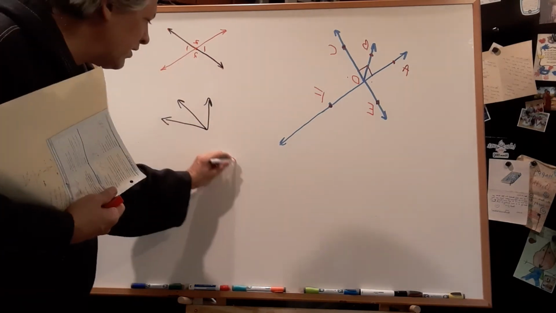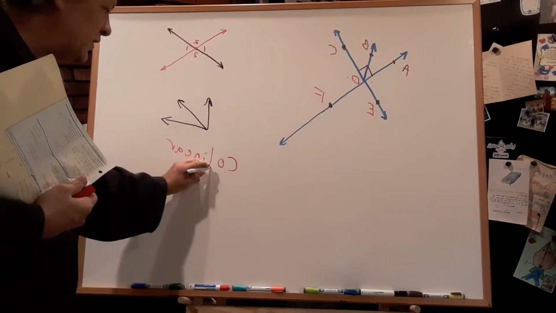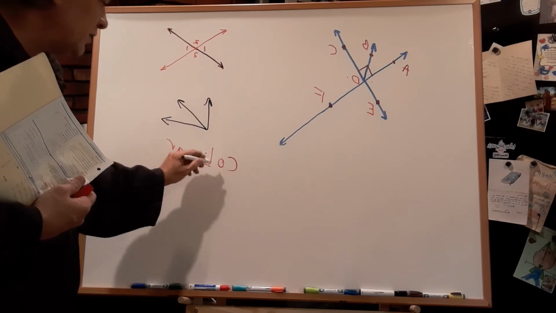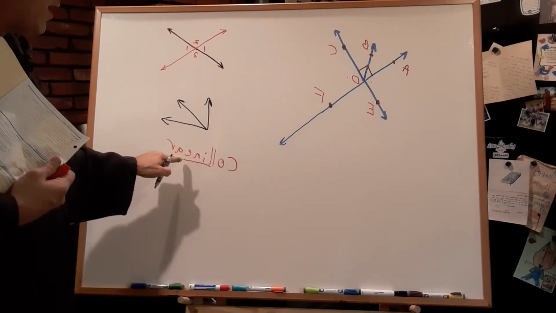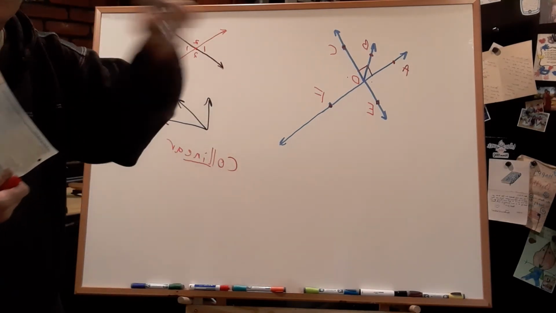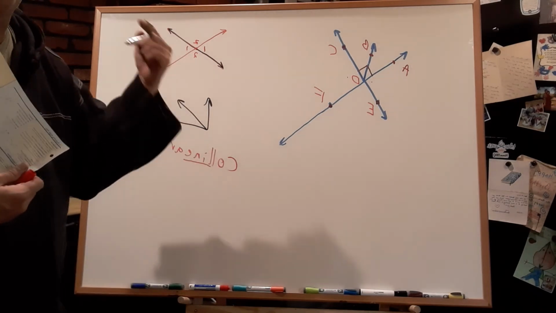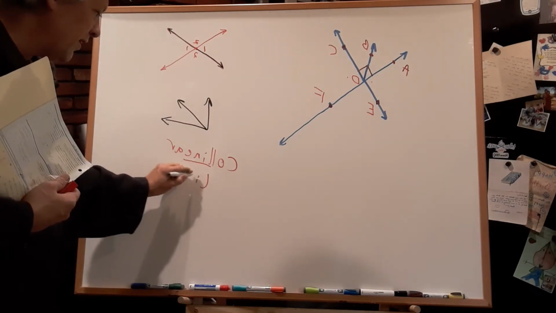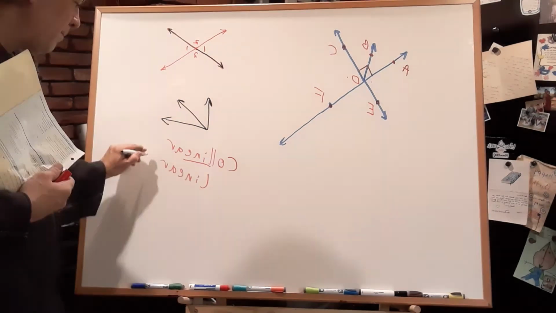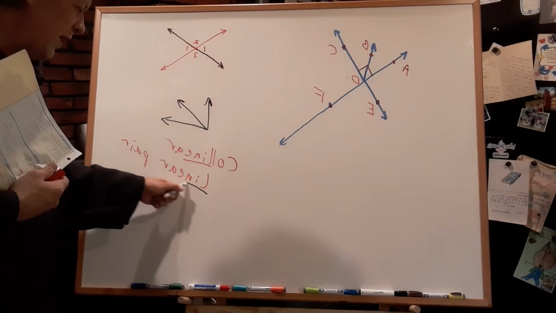Like collinear, it's putting the same points together on a line. So linear pair, basically think of the word line.